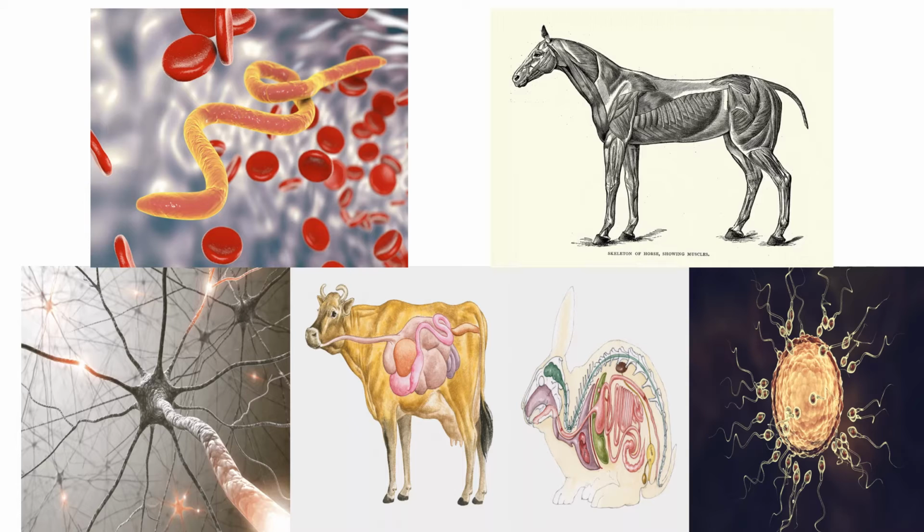And for the last, we have hair. So this is another organ system in animals. I hope you can still recognize which one is the reproductive system, which one is the nervous, which one is the digestive, immune system, and the muscle.